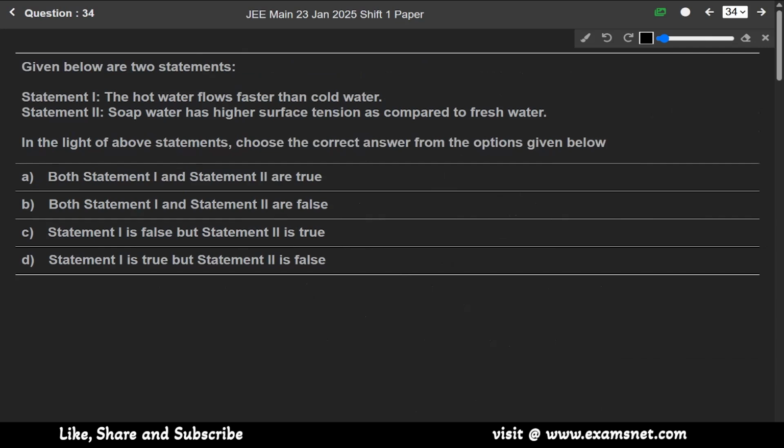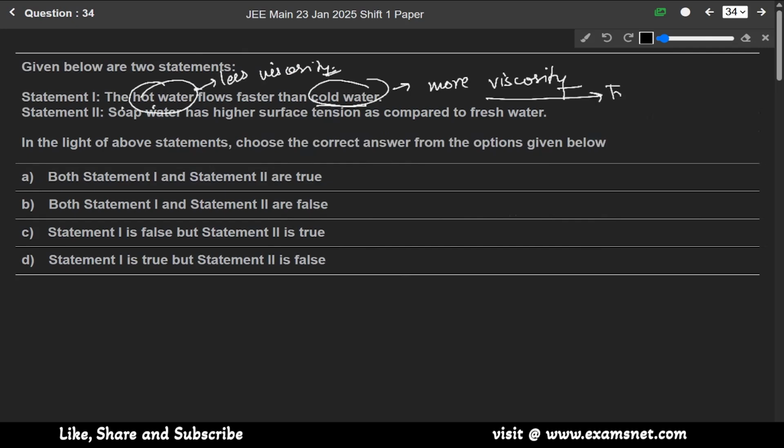We know that cold water always has more viscosity than hot water. So the hot water flows faster because of having less viscosity. So this statement is true.